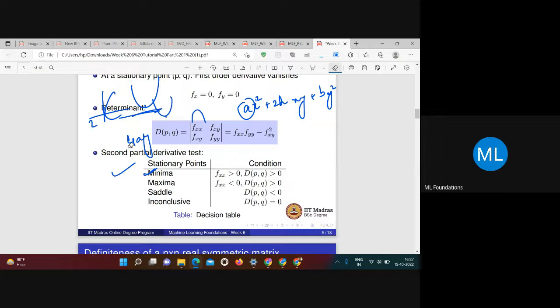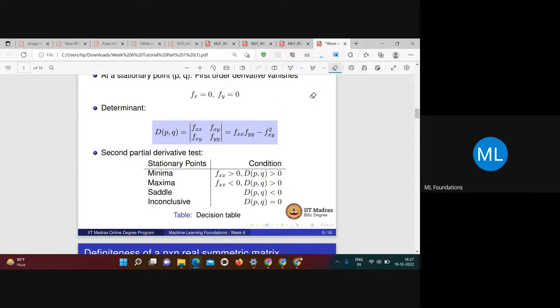Okay, and for the saddle point, the determinant is negative. In this type of plot, for some values, if you are increasing the value of x, the function value can increase, and if you are decreasing the value of x, then the function value can be negative.